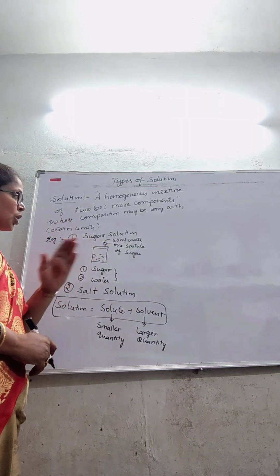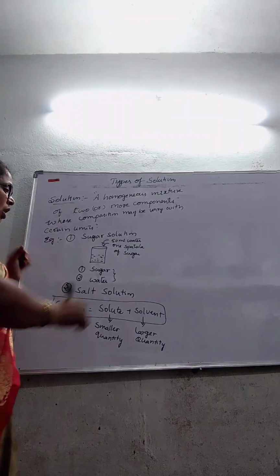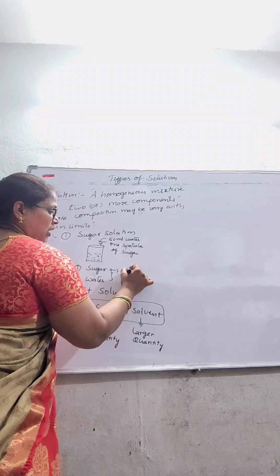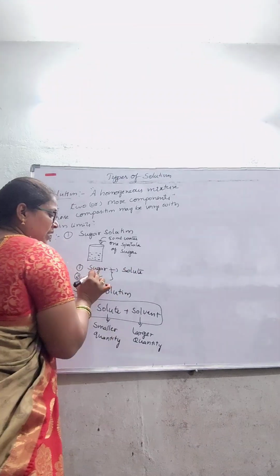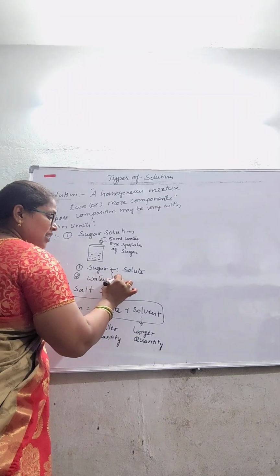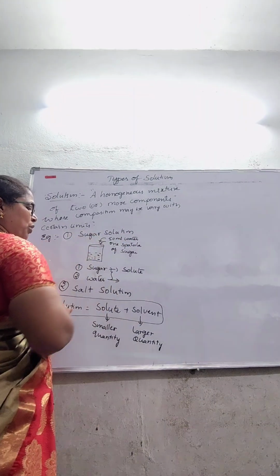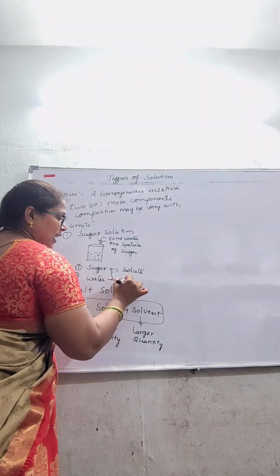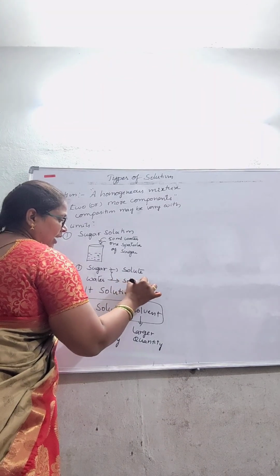So in this sugar solution, what is the solute? Sugar is the solute because we took only one spatula of sugar. And the larger quantity one, what? 50 ml of water. So water is the solvent. Got clarity, I think? Yes.